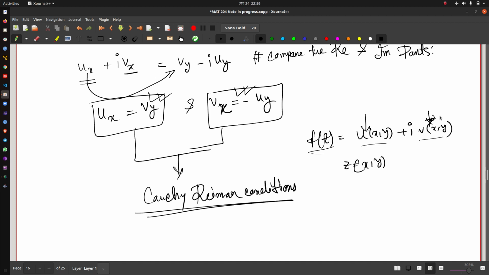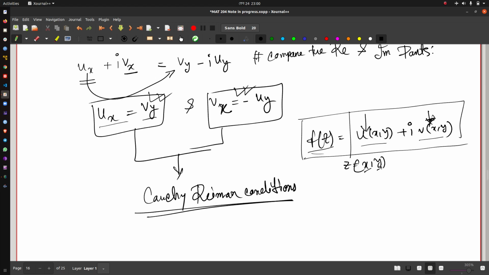then if this portion, the portion with u and v, possesses the partial derivatives at some point that is denoted with x and y's under z, and they also satisfy this equation as well, then f prime of z, that means the derivative of f, exists.